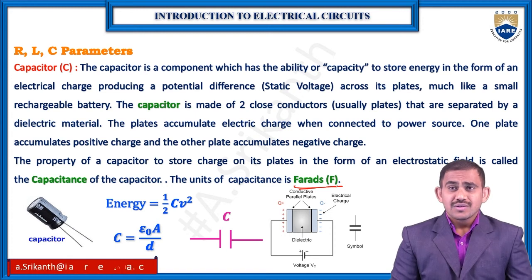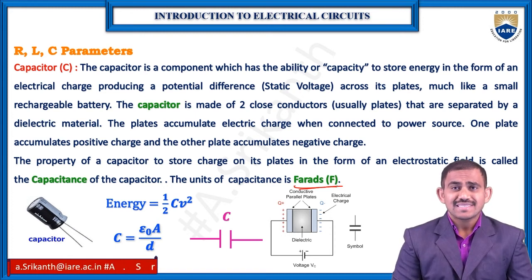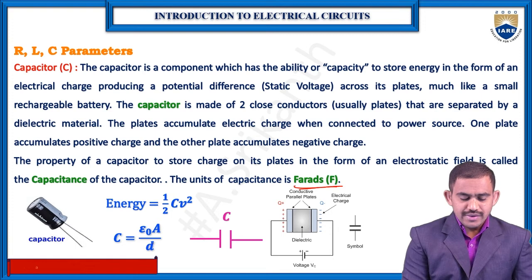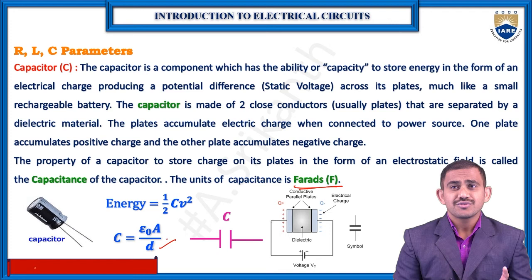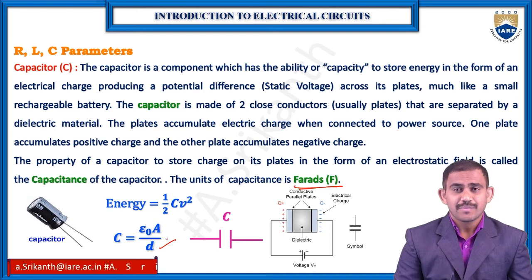Now, how do we measure the capacitance? It is epsilon A by D. What is epsilon, what is A and what is D? Epsilon depends on which plates you are using in the capacitor. For a capacitor you use different plates, like silver plates, or paper in some small capacitors.